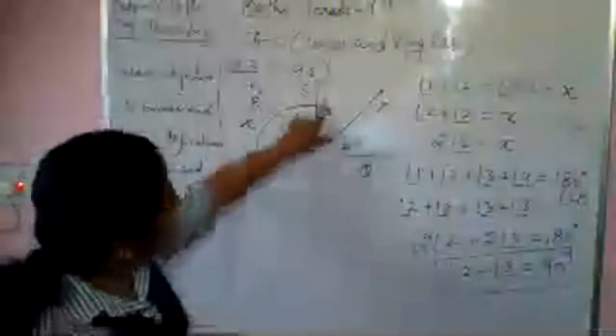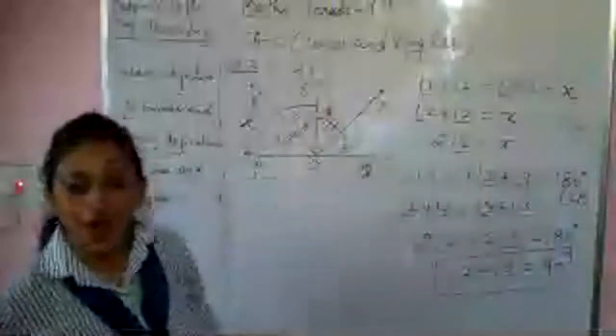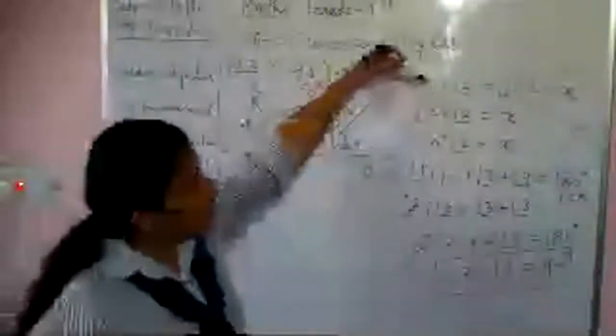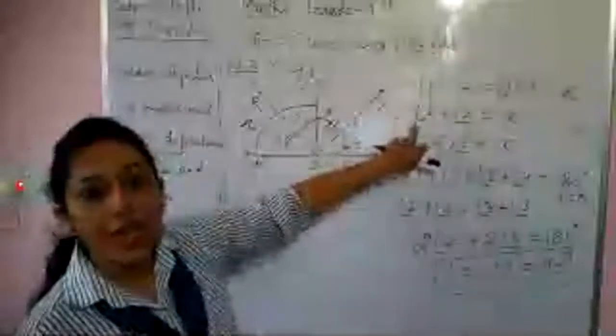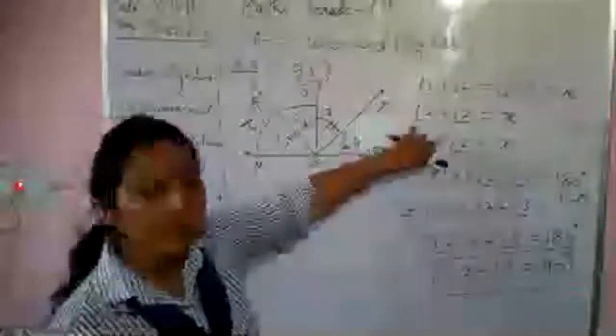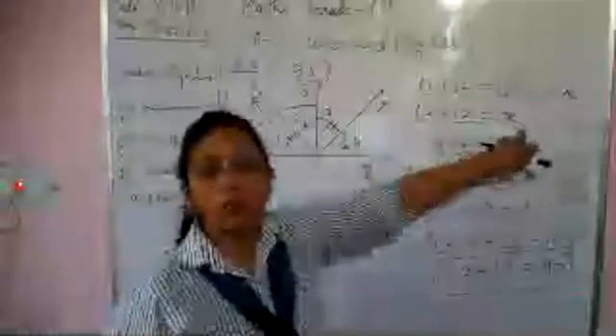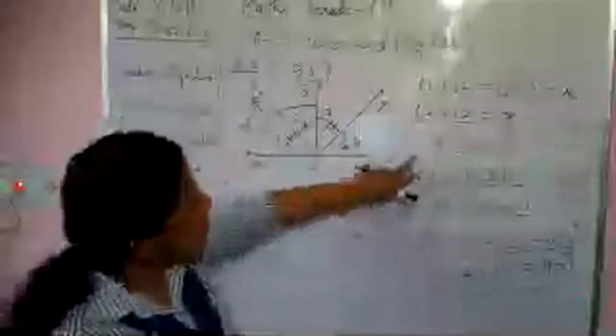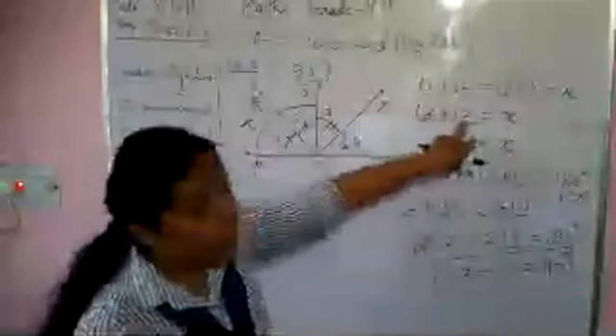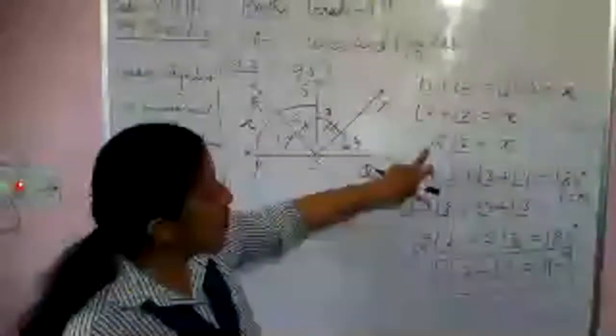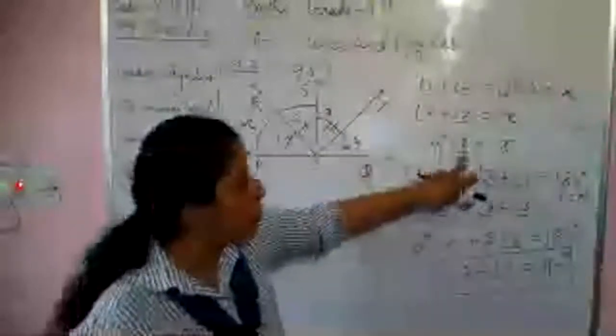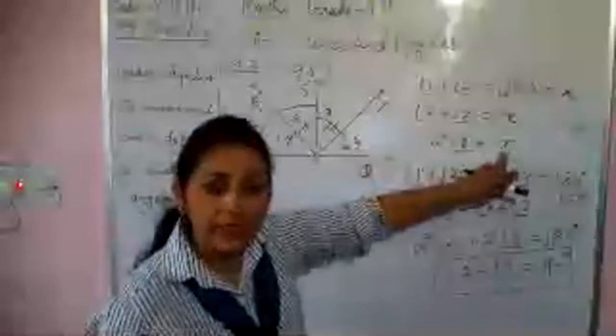Also it is given that angle POS is equal to X. So angle 1 plus angle 2 is equal to angle POS and that is equal to X, and replacing angle 1 with angle 2, angle 2 plus angle 2 is equal to X, so twice of angle 2 is equal to X.